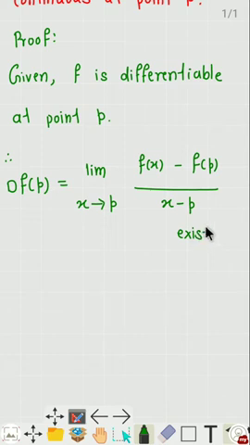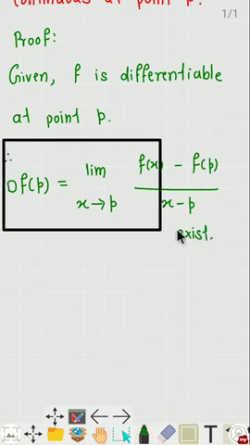Okay, so this is the meaning of differentiability of a function.